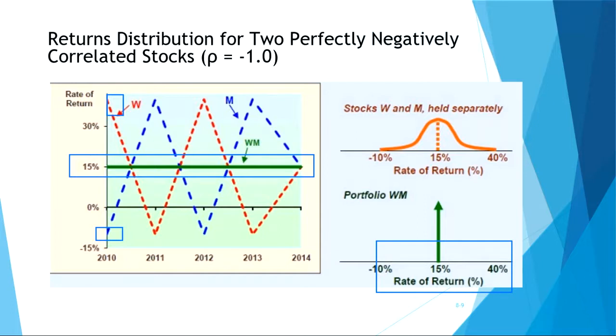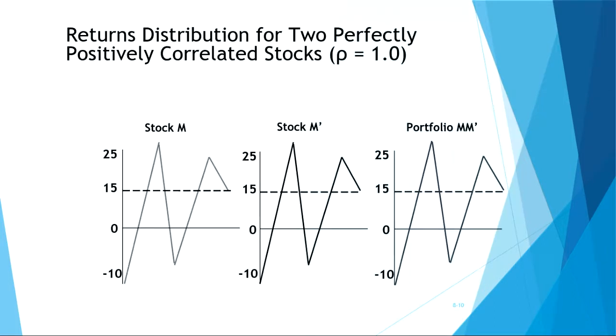In real life, it's not easy to find perfectly negatively correlated stocks, but as an example, we have it here. If it is perfectly positively correlated, it will not affect your portfolio return and risk, of course, right?